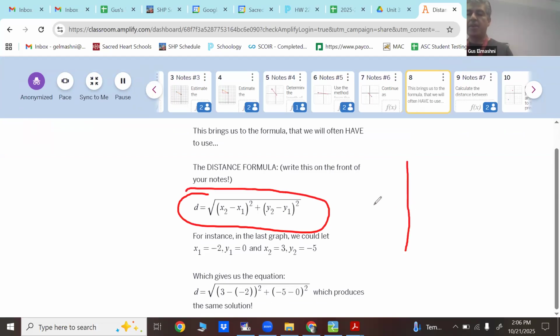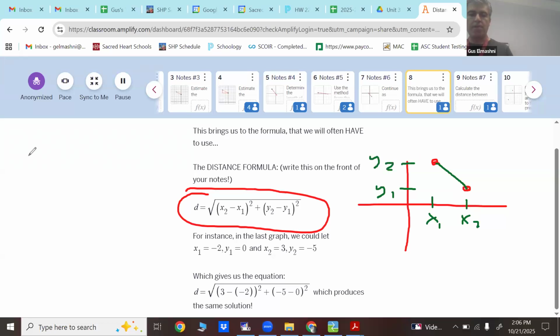Here's the deal. If I draw a coordinate plane, draw 2 random points, and connect them, call this x1, call this x2, call this y1, call this y2. Draw your right triangle.